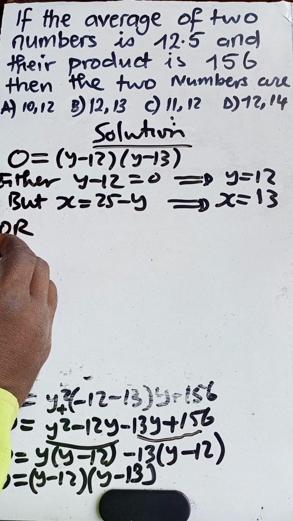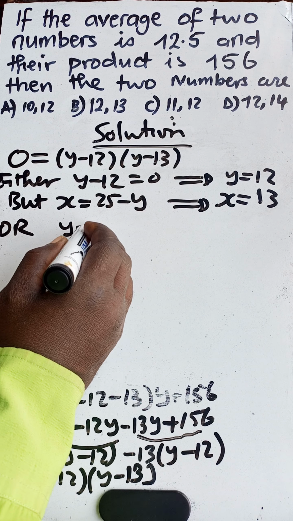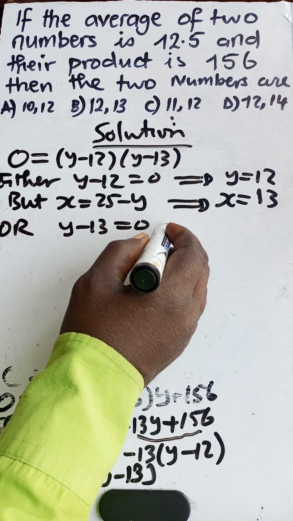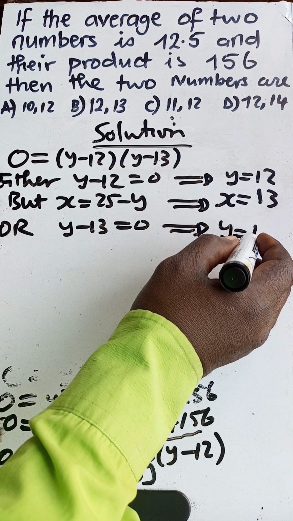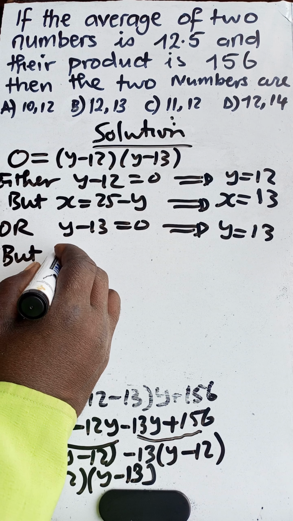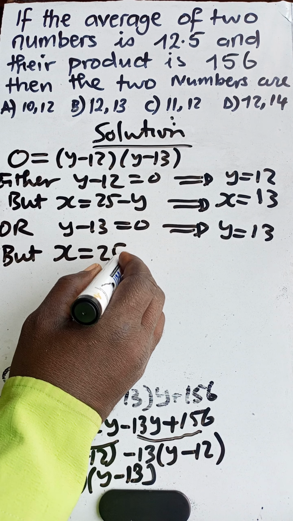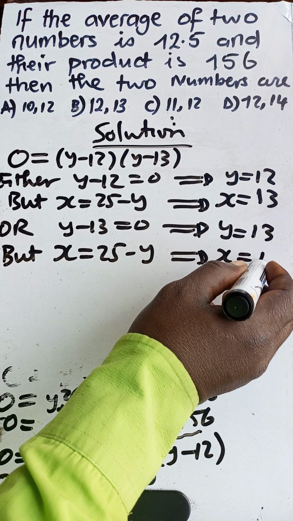We take the other option for y: y minus 13 equals 0. If that is true, then y is equal to 13. If y is equal to 13, we know again that x is 25 minus y. That means your x will be 12.